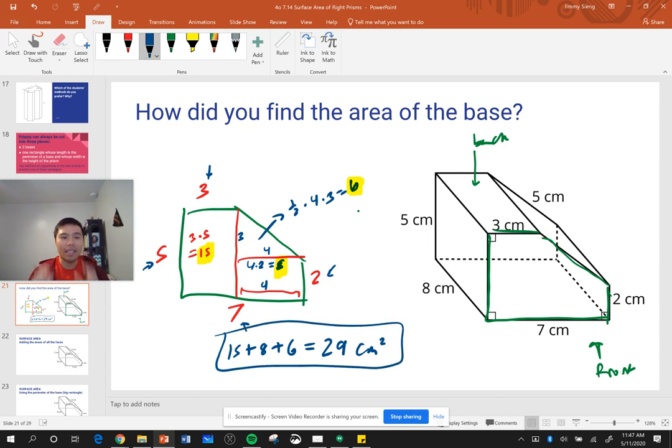And again, that's by taking that face, cutting it up into rectangles and triangles, finding the area of each piece, and then adding them together. So remember, this is our front part right here, and we also know the back is going to be the same as well. All right, so keep that in mind.